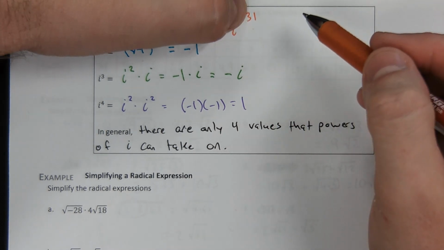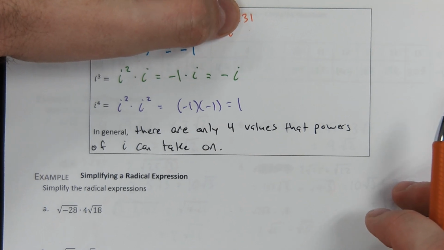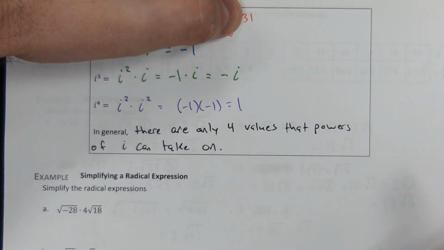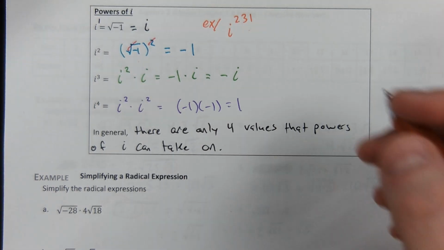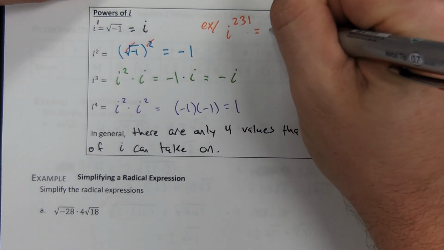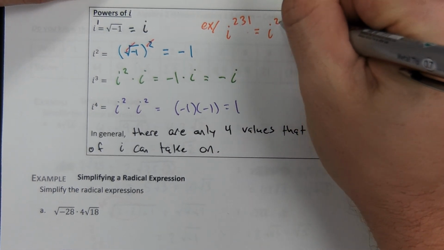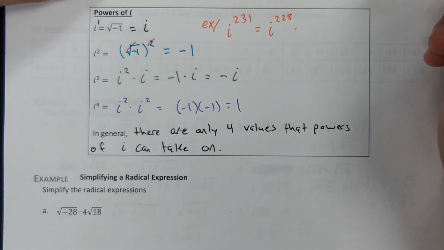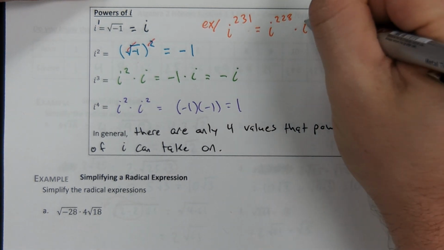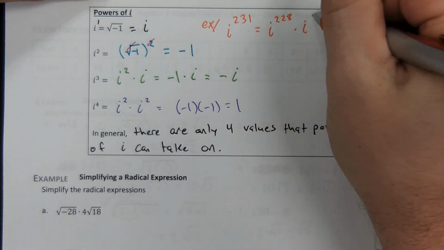So what you're looking for is a number that's smaller than 31 that you could have been able to divide by 4. The number smaller than 31 that you would have been able to divide by 4 would have been 28. That means i to the 231 can be thought of as i to the 228 times i to the 3, because remember when you multiply numbers with the same base, you add their exponents. The remainder would have been 3.